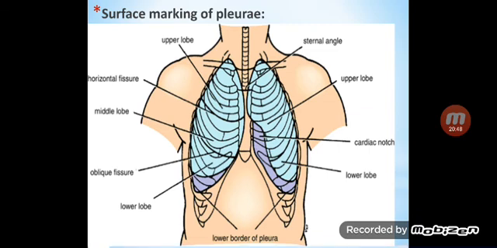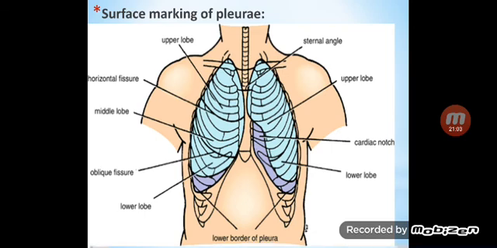Then after the cardiac notch, it descends sharply to the level of the sixth costal cartilage. So this is the anterior border of the left lung.